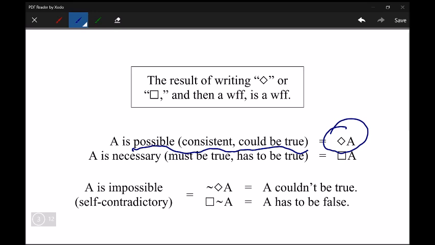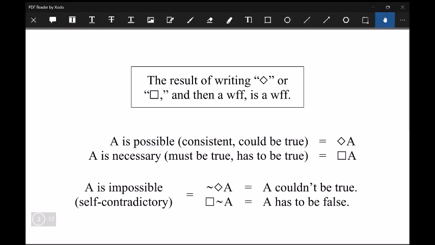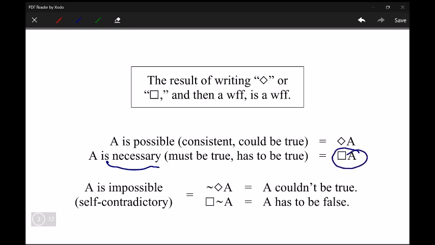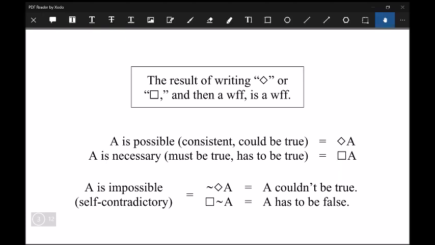A is necessary would go into box A. And you could also say must be true, has to be true. Again, we will regard these as just different ways of saying the same thing. And again, these don't use additional parentheses, really no need.